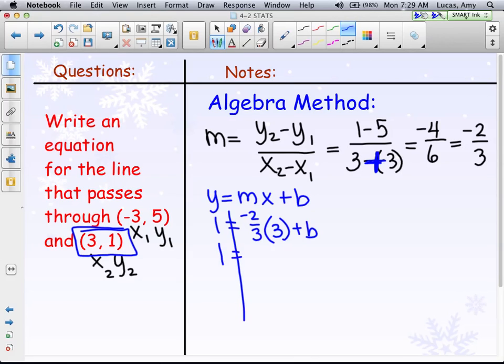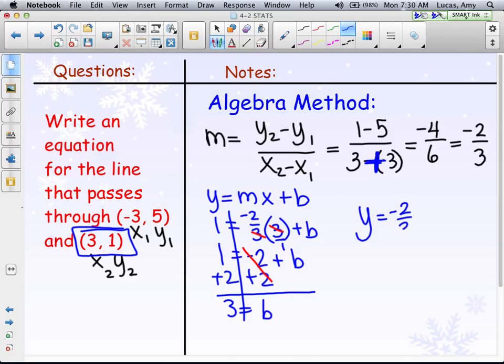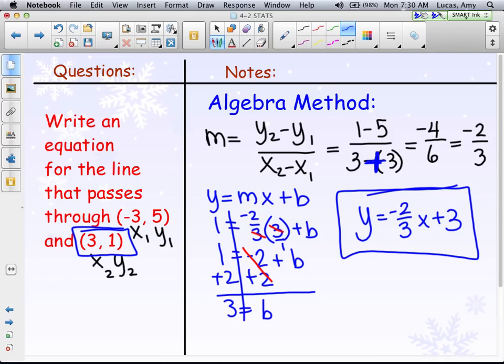So -2/3 times 3 over 1, my 3's would cross cancel each other, so multiplying those just gives me -2. I would add 2 to cancel out my -2, so 3 equals b. So there's my intercept. So I've got my slope from the slope formula, -2/3, and I've got my intercept from solving, and there's my equation. So this is the algebraic method.